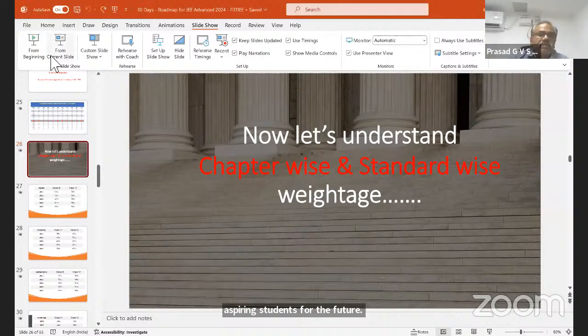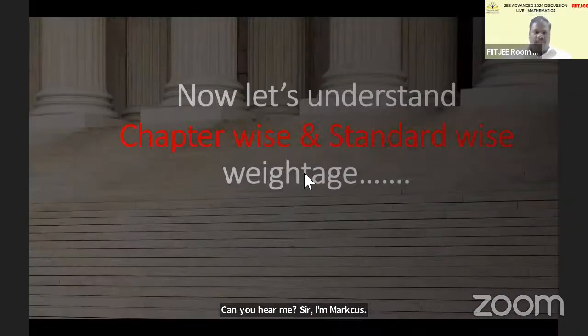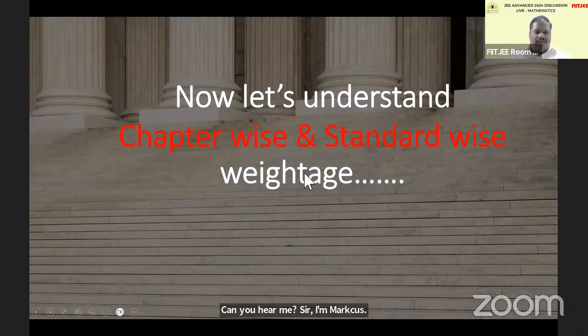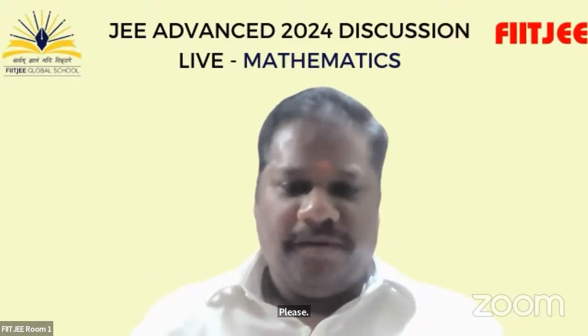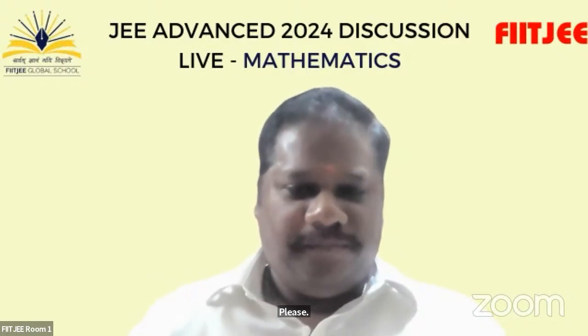Can you hear me? Sir, MRK, sir, ready, sir. Oh, fine. Please allow him. MRK, sir, ready. So I'll stop sharing my screen, and Rahul Ahuja, sir, is there with a question. Let's connect with him then.